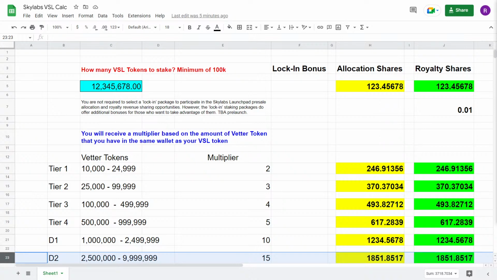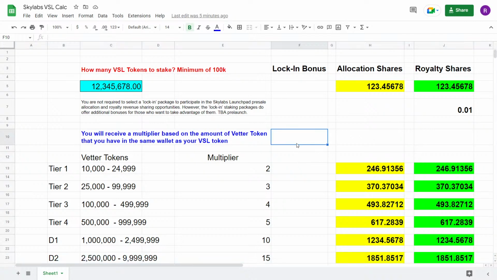So with that, does anybody else have any questions about the allocation shares, royalty shares, lock-in bonus, the way the document works? Let me know, and we'll go over that. Yeah, Roel, that's a great question.